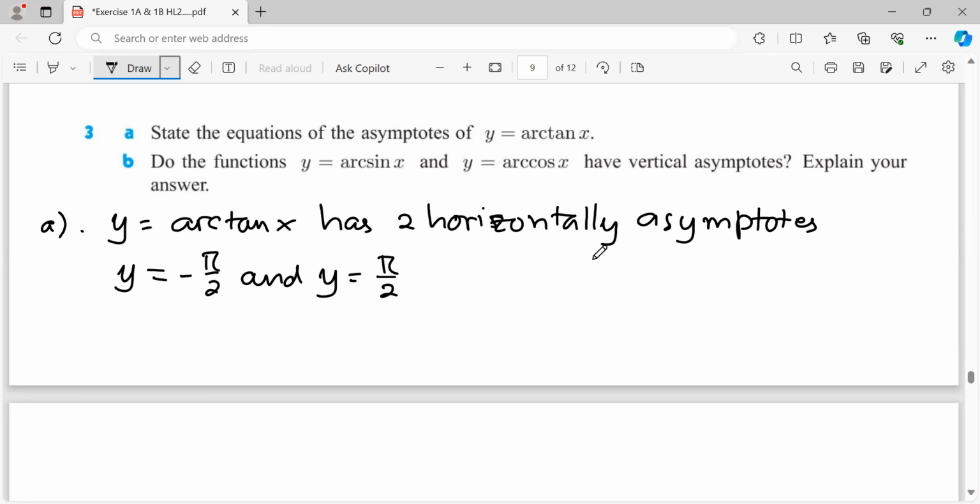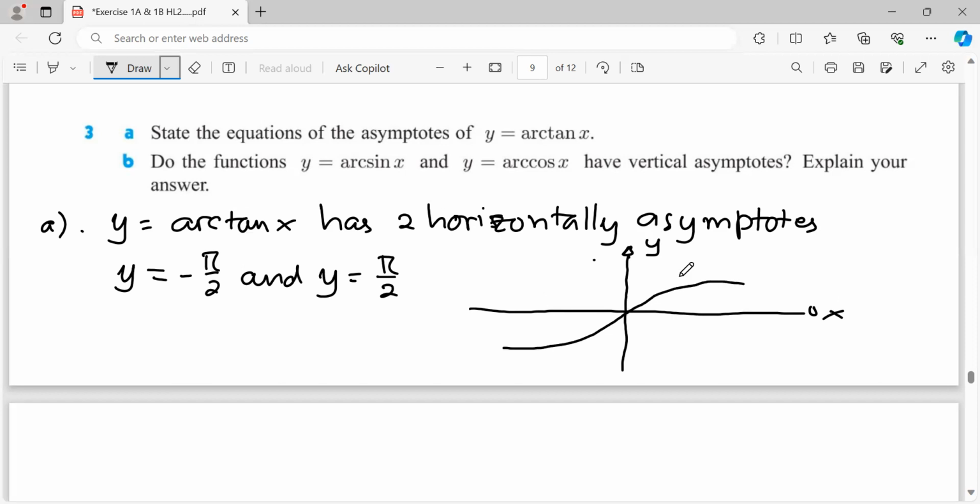I'm going to show you. If you sketch the graph of y equals arctangent x, the graph will be like this. Okay, and on the y-axis, the maximum is pi half, and the minimum is minus pi half.